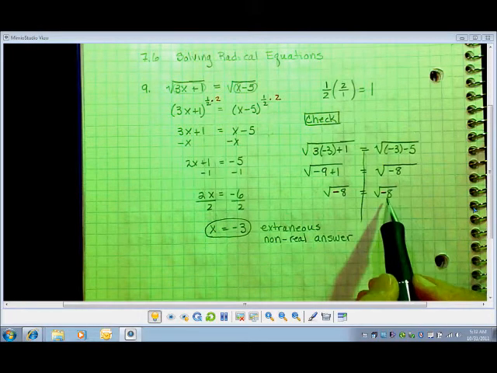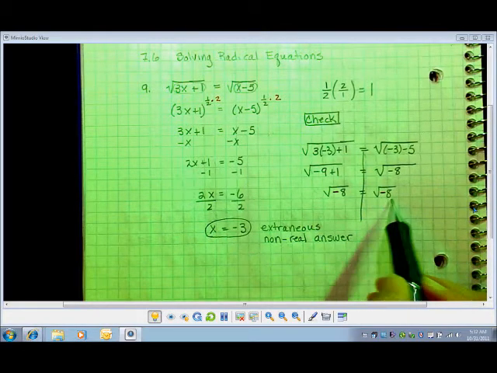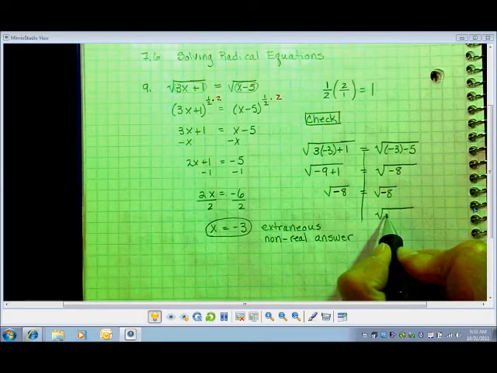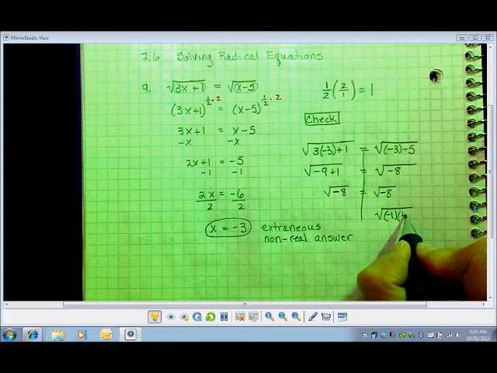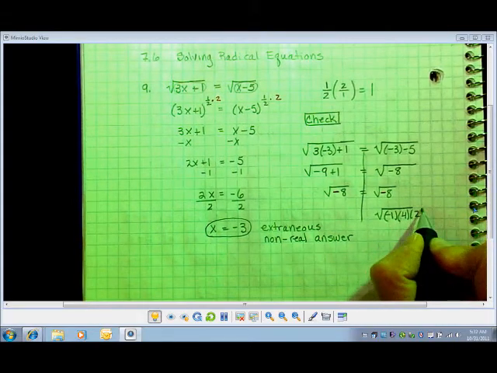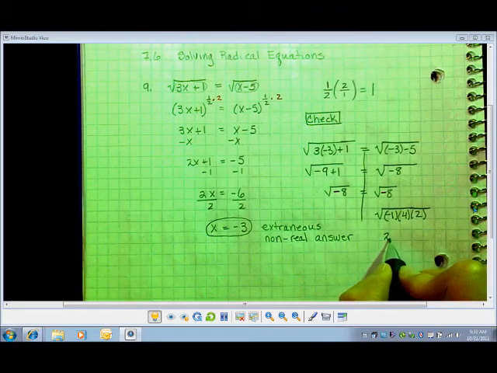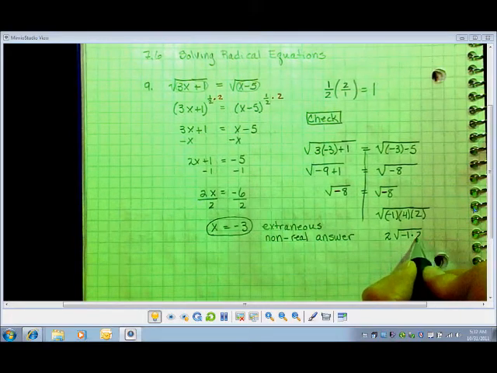If I were to try to examine this square root of negative 8, this is the same thing as the square root of negative 1 times 4 times 2, which gives me 2 square root of negative 1 times 2.